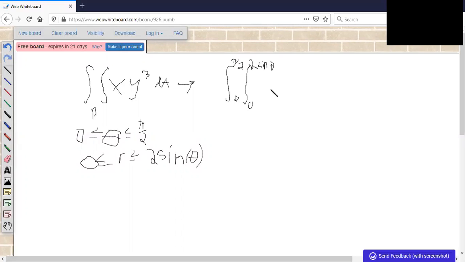And now this is where it gets a bit not particularly pleasant, because that x becomes r cosine of theta, and that y cubed becomes r cubed sine cubed of theta.